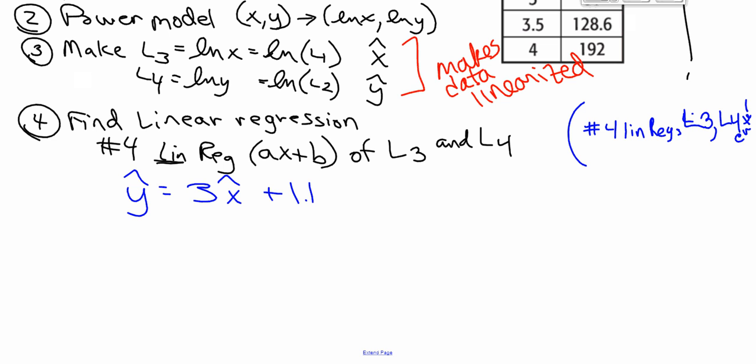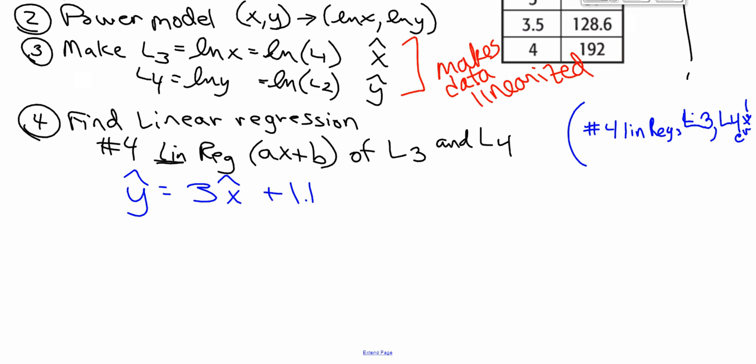Okay, and we can look at your calculator later, but right now we're going to do the math part. Does everybody understand what is happening so far? We put our list one and list two in, right? We made list three and list four, the ln of list one and the ln of list two.